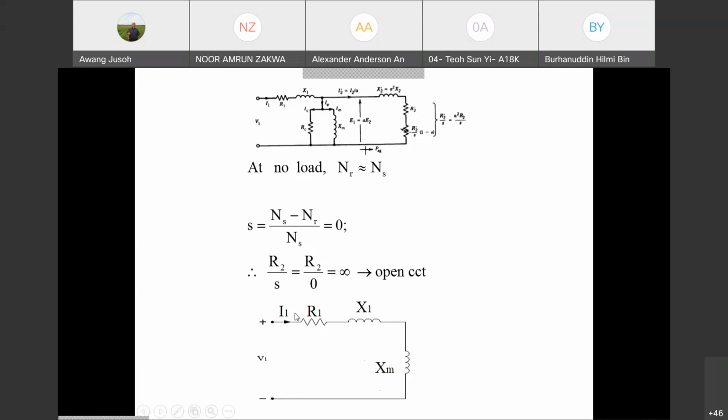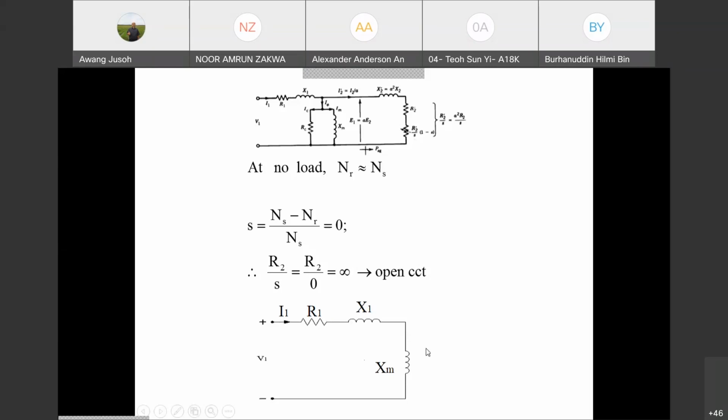R1 is the resistance of the stator that we measure using the multimeter only. You use a multimeter, you can find R1 easily. But in order to find X, you need to find Z. Z is just V divided by I. So Z squared minus R squared, not this R, but R no load.